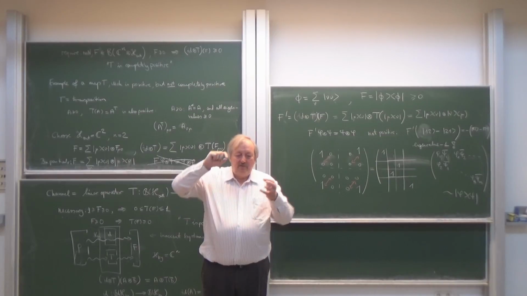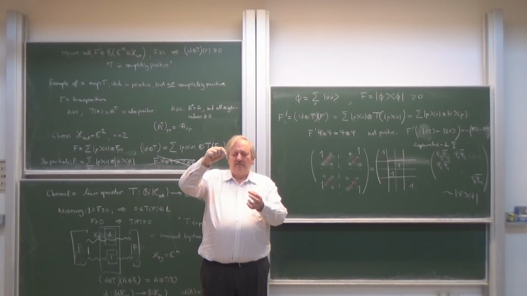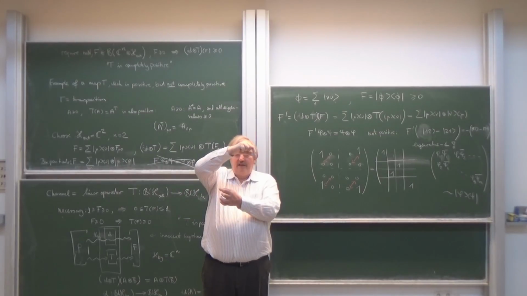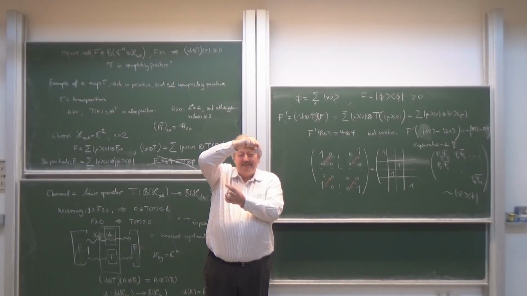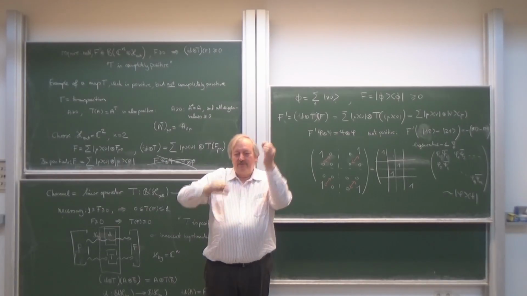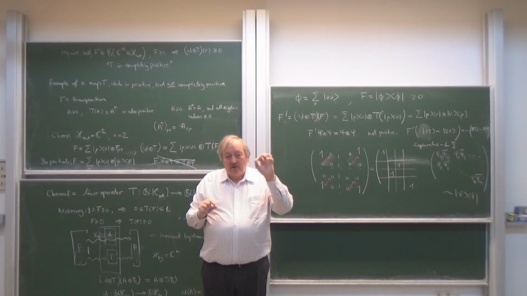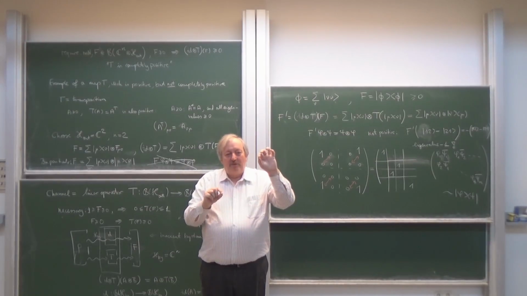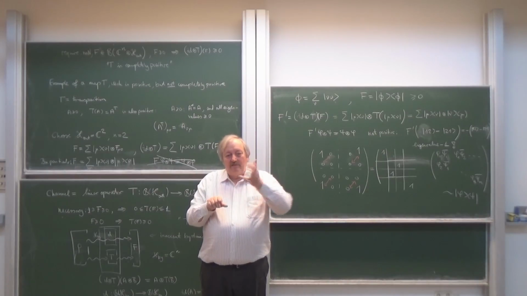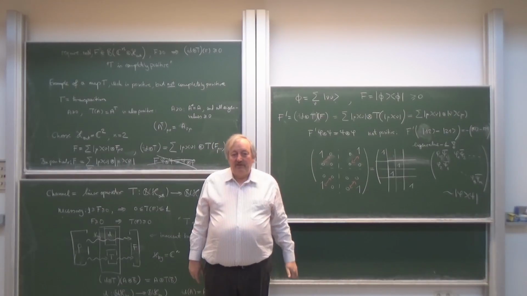Right? Sigma x looks like this, no, like that, right? On the off diagonals, I have 1s, and if I swap those, nothing happens. But sigma 2, or sigma y, as it's called in some places, has i and minus i on the off diagonal. So if you swap that, you get a minus sign.